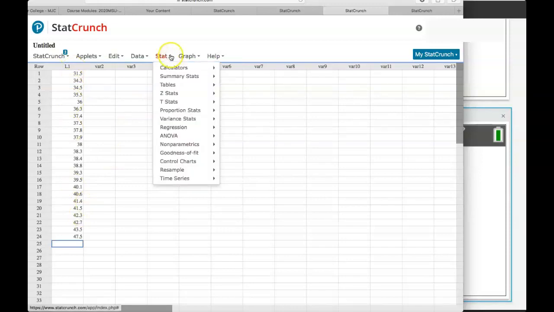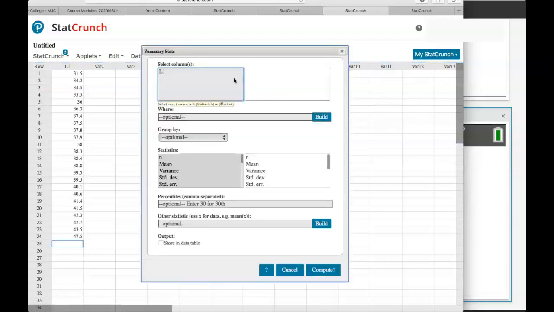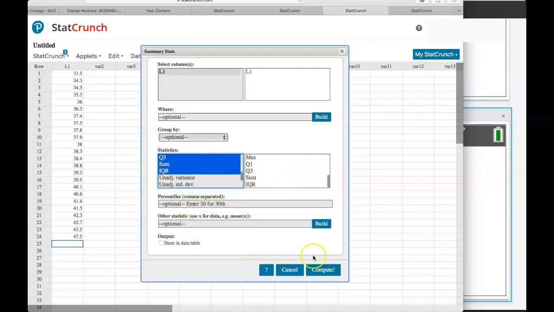The next step, Stat, Summary Stats. Since we have all this data in column, so choosing this one. Now we have L1. And here on this part we have Q1, Q3. I want to have inner quartile range. So selecting all these. So that part, inner quartile range. Now I have all these that I selected on this right side. Then compute.